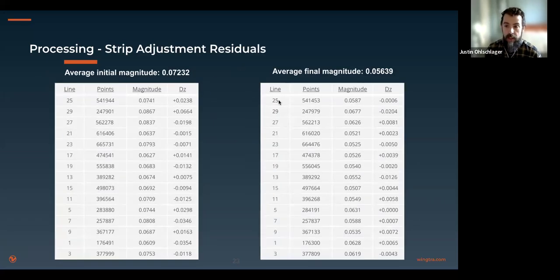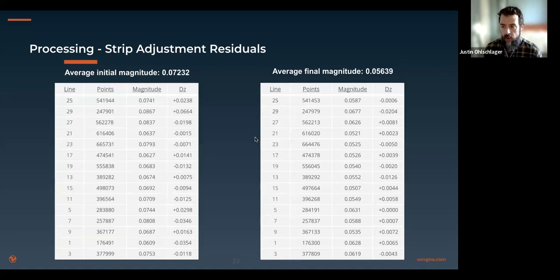Jumping right into it, when we ran our error assessment looking at the line-to-line separation, initially what we found was that the error was around 2 centimeters. So this is how well the line-to-line separation was. Initially looking really good. We're in the centimeter accuracy range.